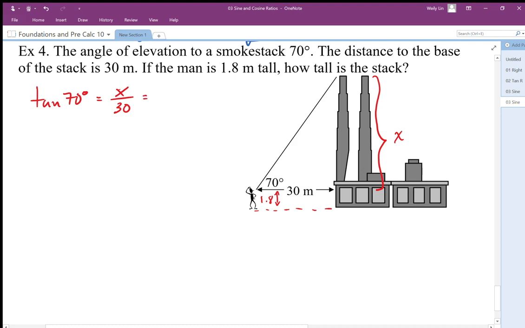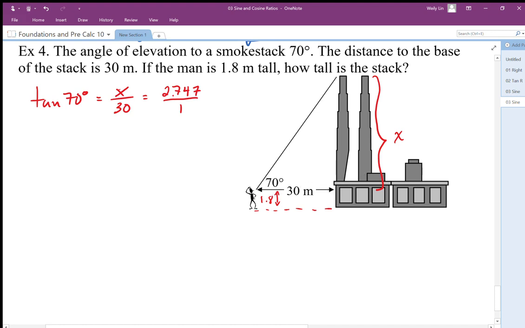Converting the angle to a ratio, my calculator tells me that the slope of 70 degrees is 2.747. So I'm going to round that to 2.747. The one number ratio is always compared to 1. So there's my slope. I know that this height is about 2.7 times taller than this length, or the run.